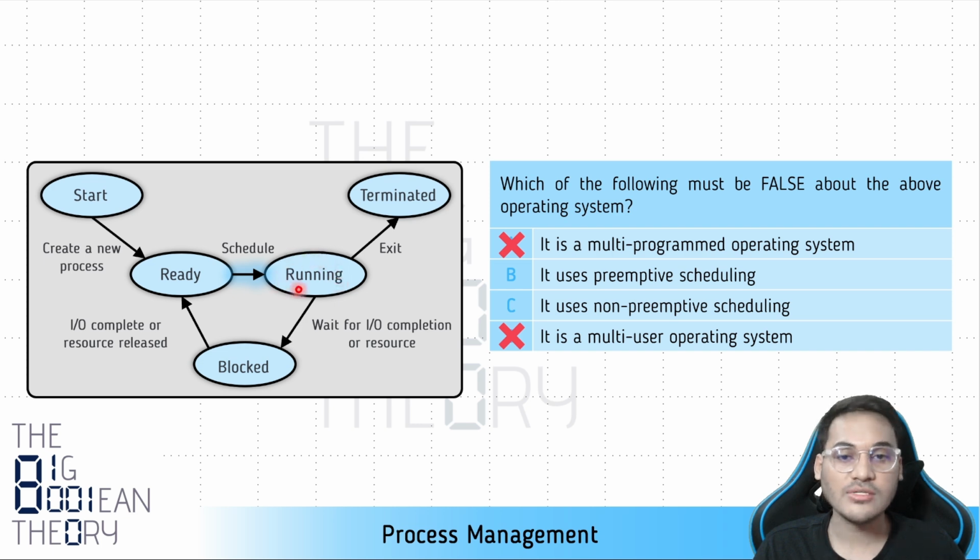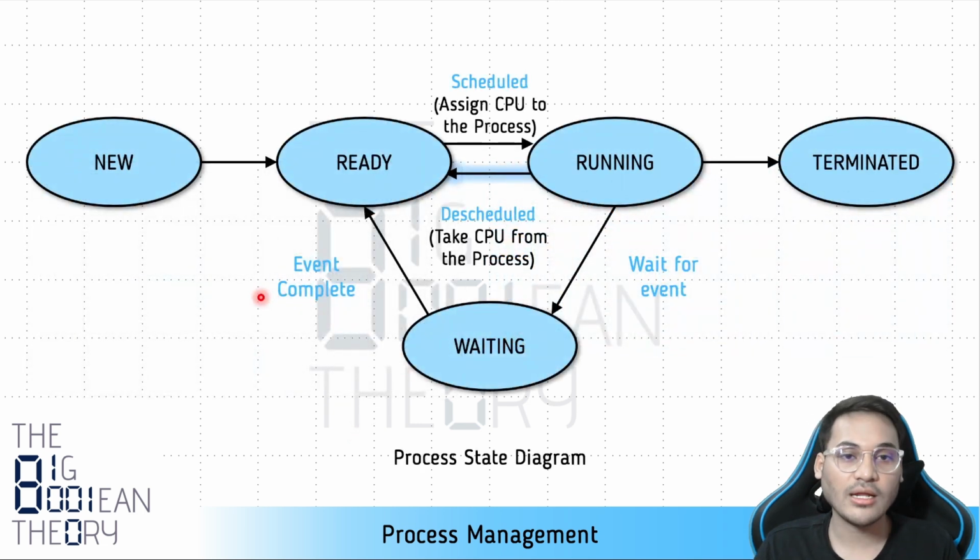Only when the process voluntarily decides to give up the control, either by terminating or going to block state, can we get the control of the CPU from the running process. If you recall the process state transition diagram that we studied, there is another transition from running to ready state.